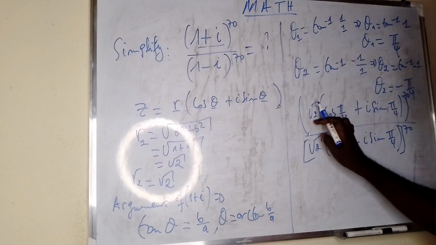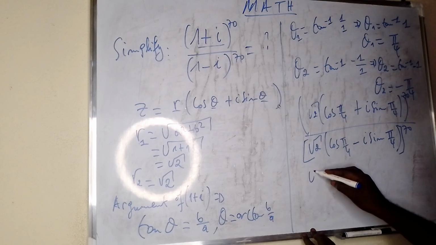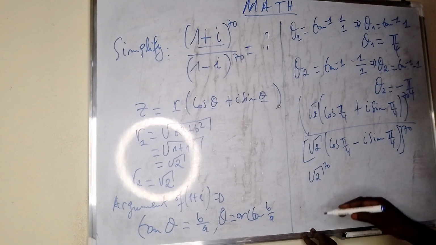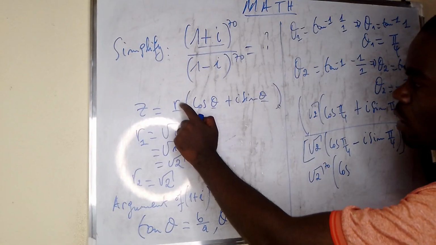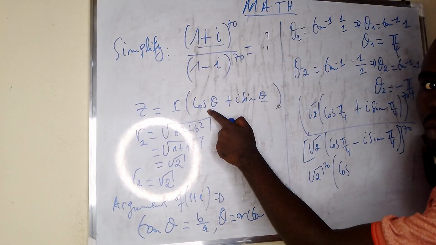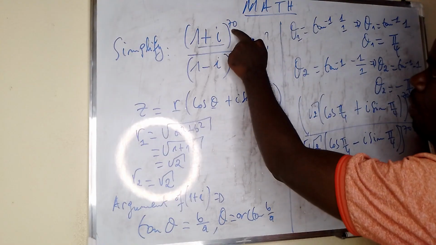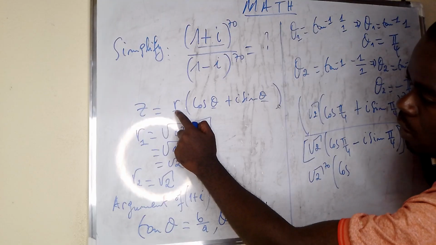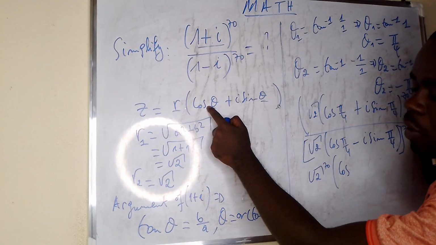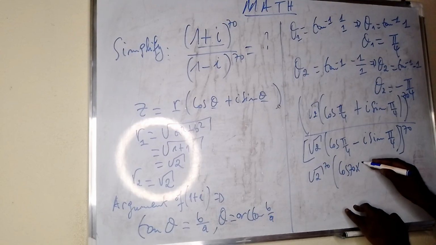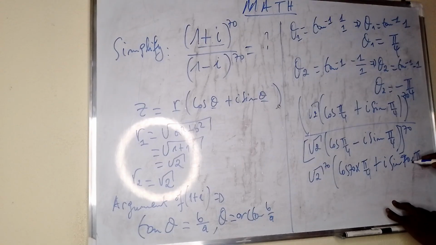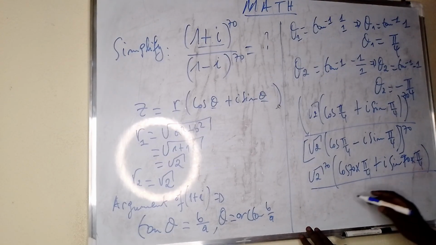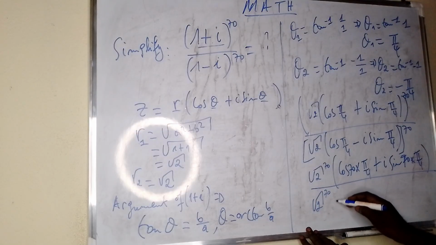The power 70 is applied to r, so it is root 2 power 70, and it multiplies the angle: cosine of 70 times pi over 4 plus i sine of 70 times pi over 4. We divide by the same, root 2 power 70.